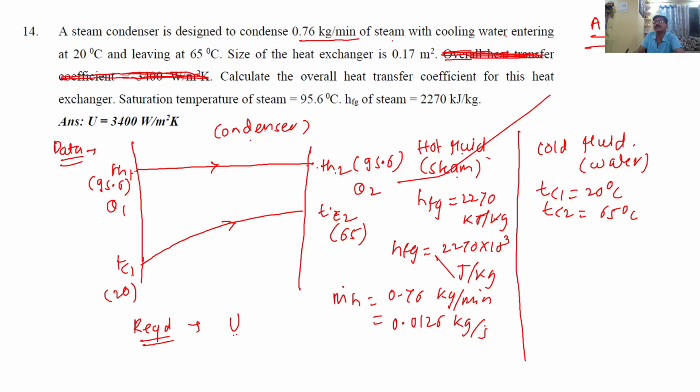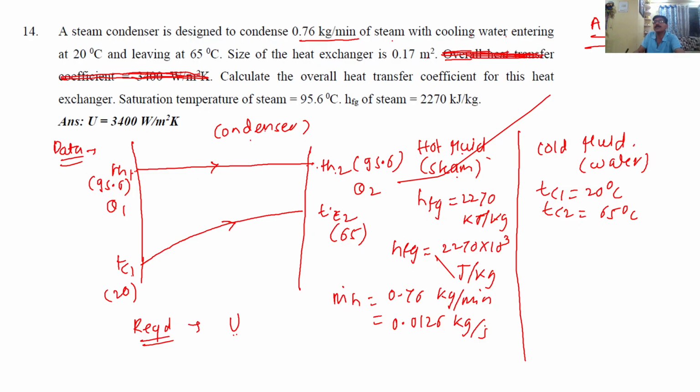Now, comparing these two values, CH is less than CC. Therefore C minimum is the smaller one, that is CH, and C max is the bigger one, CC. So C minimum is equal to CH.